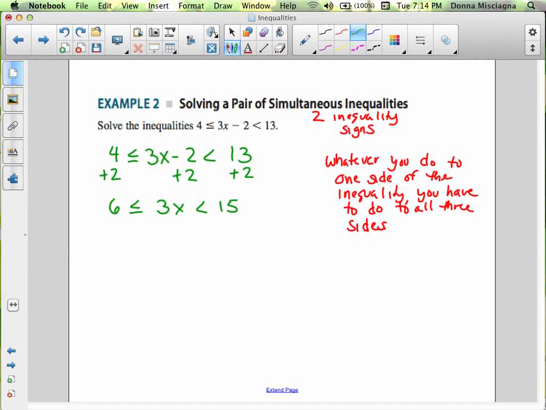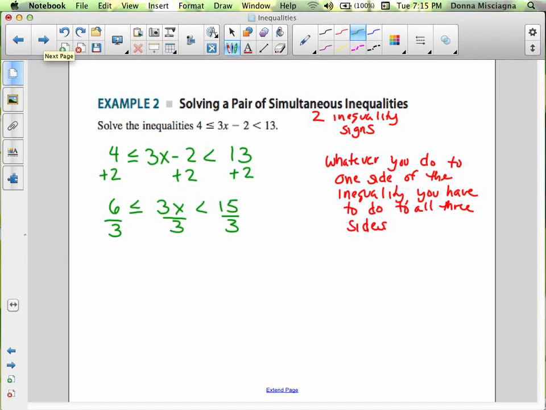Now that makes sense. If 3x minus 2 is greater than or equal to 4, well, then just 3x should be greater than or equal to 6, right? And if 3x minus 2 was less than or equal to 13, well, just 3x should be less than or equal to 15. All right, and now we have one last thing. We're going to divide all three sides by 3 because we want to solve for x.